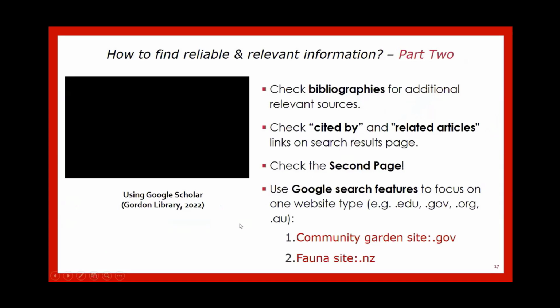So some additional tips. Hopefully you are all aware of this, and doing it is looking at the bibliography. When you find a good source, a good journal article, always look at the bibliography, because the works that they're citing may also be relevant to you, and a quick way to get to some good relevant data. Also look at the cited by and related articles.